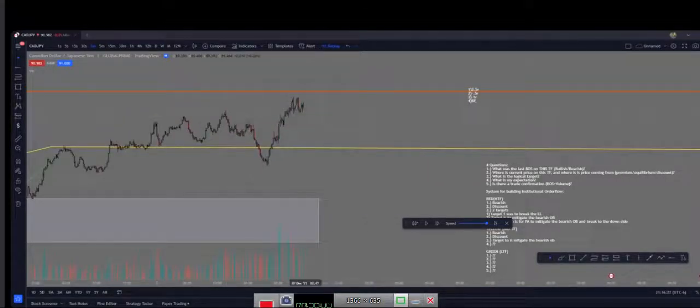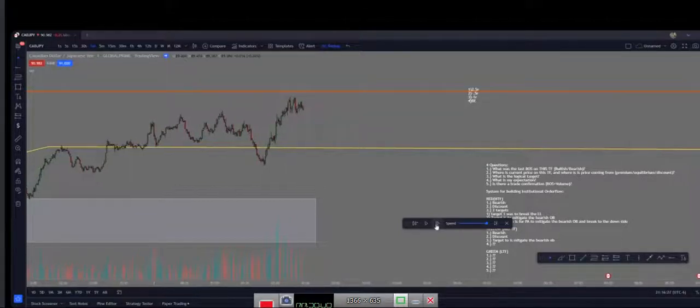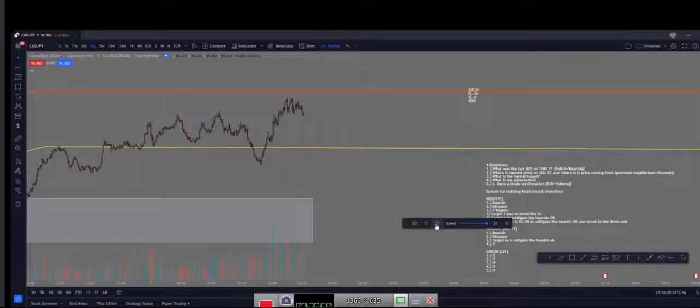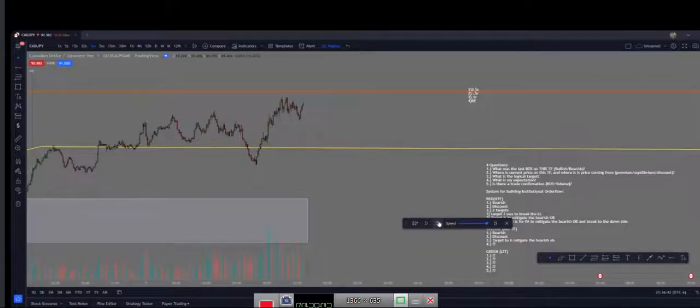Let's see, if it breaks down you may be able to take a short again. Wait for another confirmation. Break this structure, that's what I was looking at. Let's see what happens.